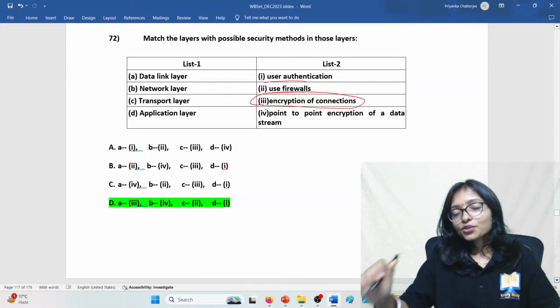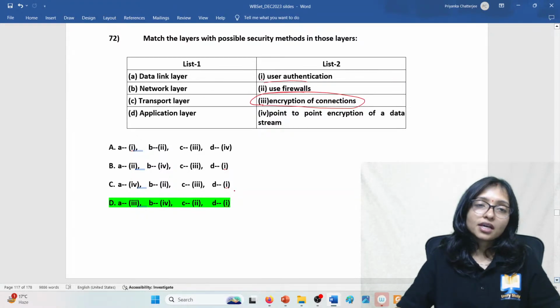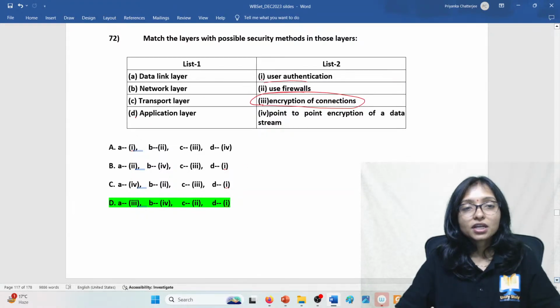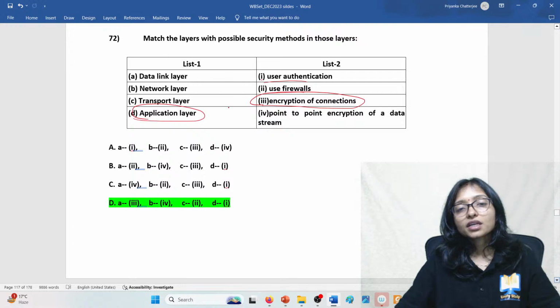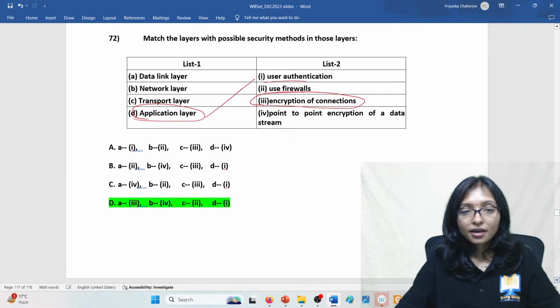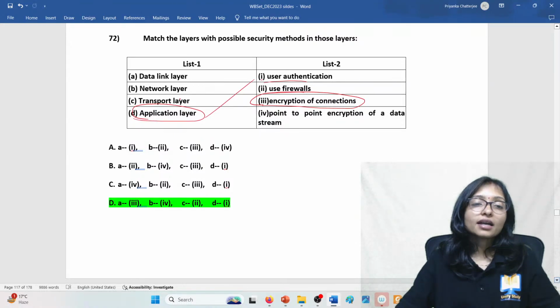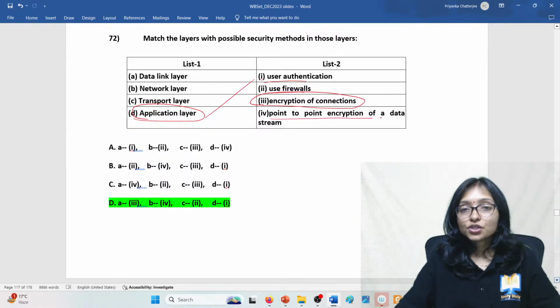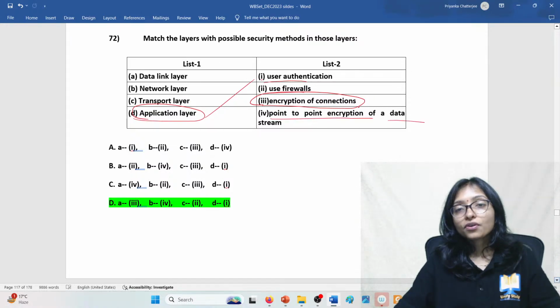Yes. So here you all are telling option D is the correct answer. Yes, application layer, user authentication is going on in application layer. And after that, the next one you can see is point to point encryption. Here is encryption of connections, and point to point encryption of the data stream.